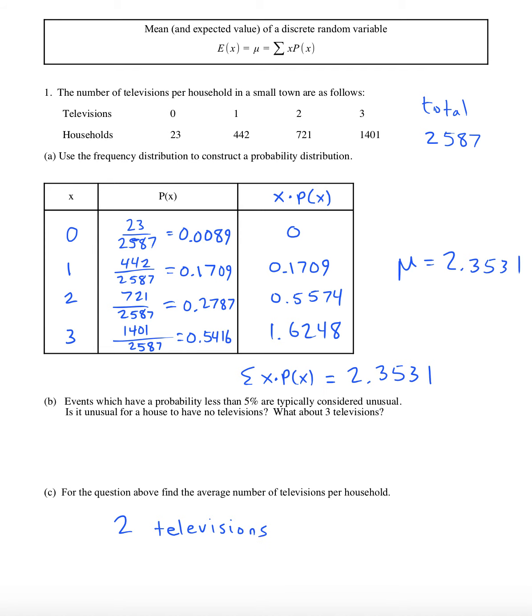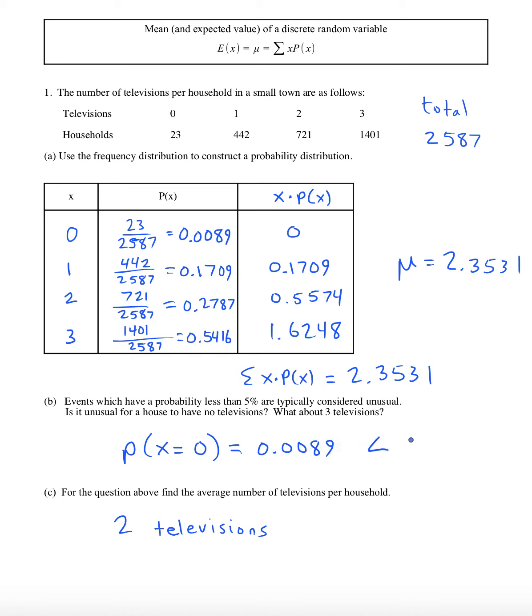And there's just one more question here. Events which have a probability less than 5% are considered unusual. Is it unusual for a household to have no televisions? So the probability that x equals 0 was approximately 0.0089.